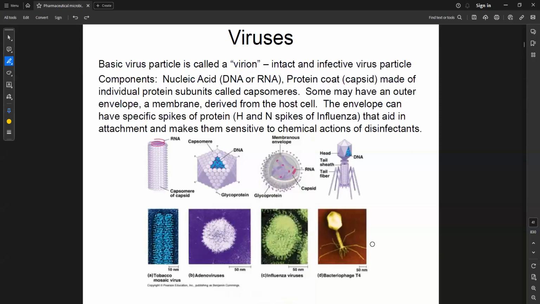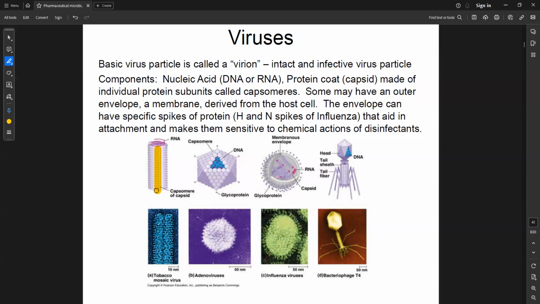A basic virus particle is known as a virion, and this is an intact and infective virus particle. The components are a nucleic acid, which is DNA or RNA, and a protein coat, which is a capsid made of individual protein subunits. You can see the capsid around here, and the capsid encompasses some form of DNA or RNA.